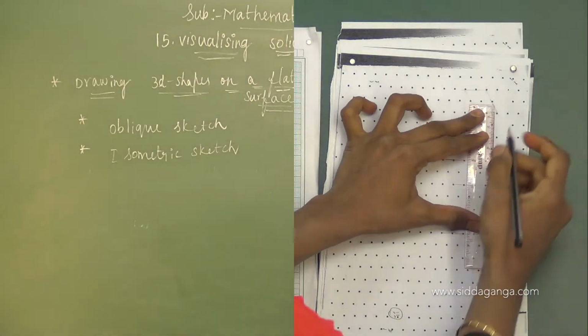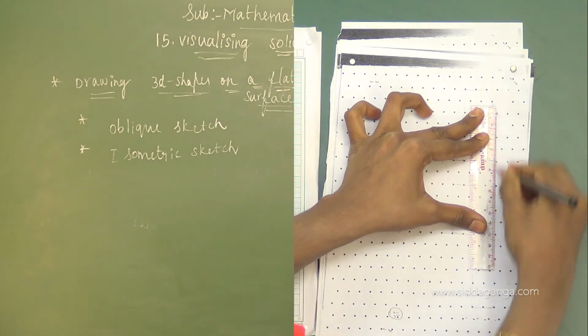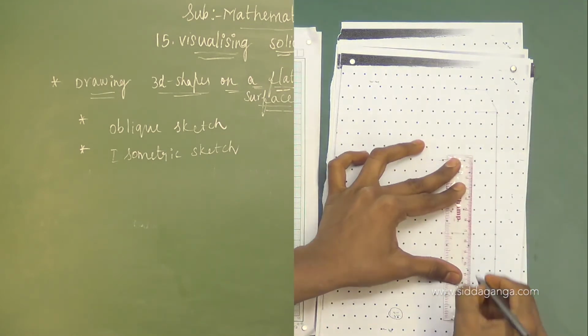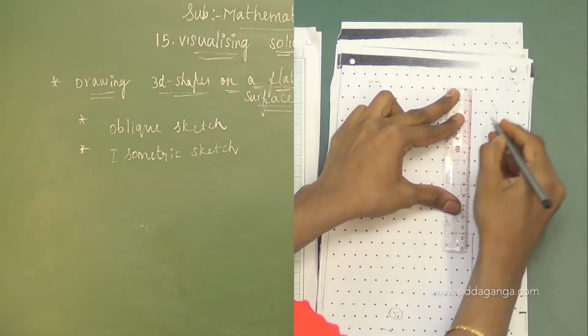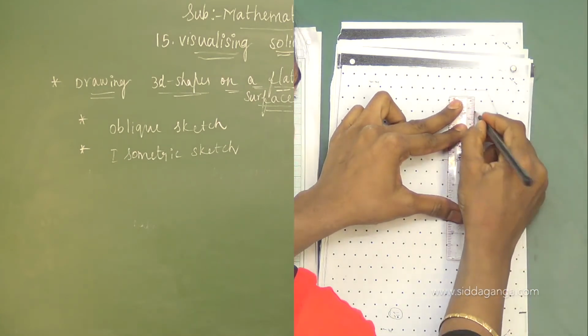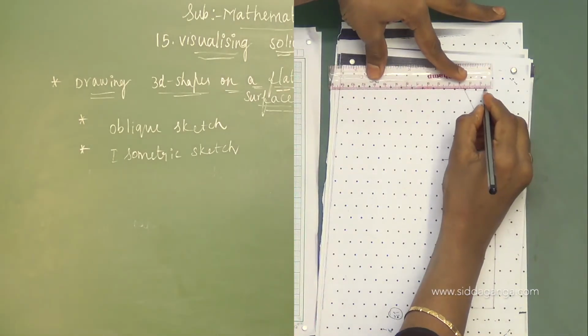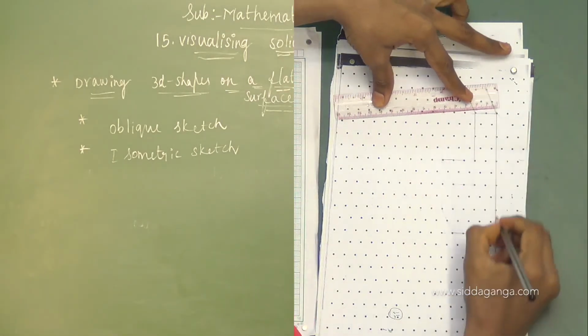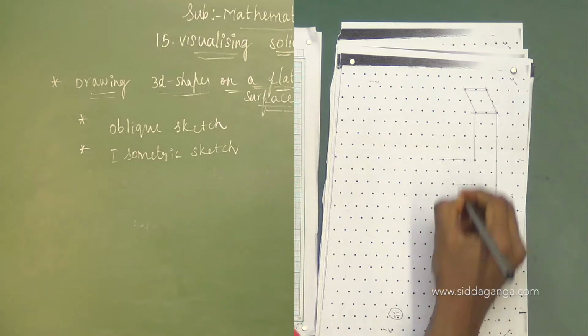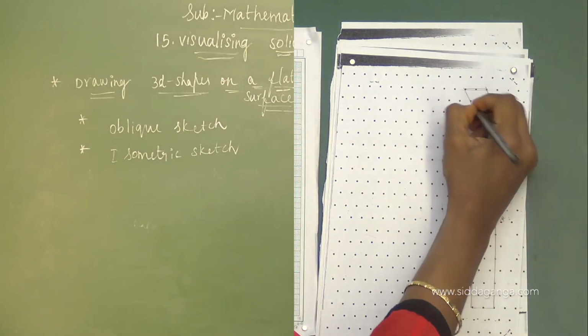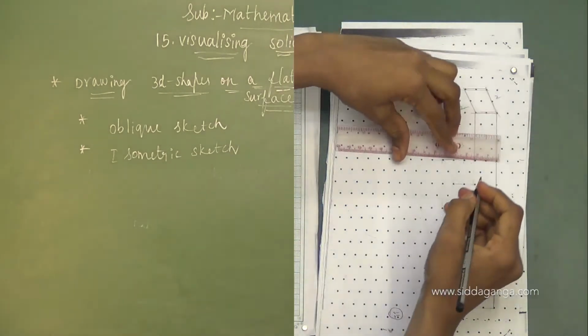First 8, and then here 3, correct? Here 2, 8, 3, 2, correct?